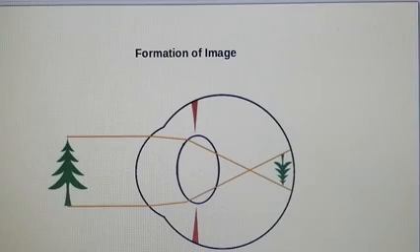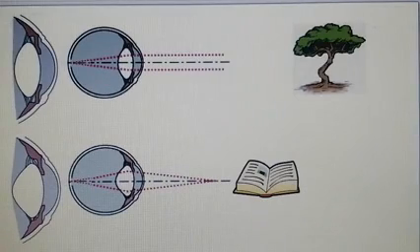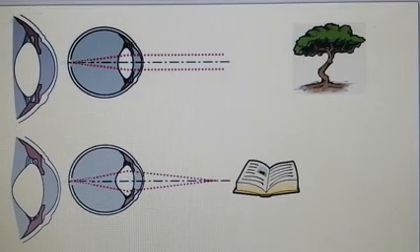We can see nearby and distant objects clearly. This is because the focal length of the lens can be adjusted according to the distance of the object. First of all, we are discussing what happens when we view a distant object.